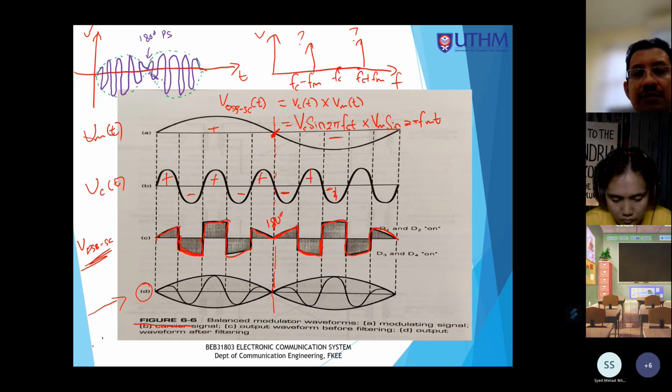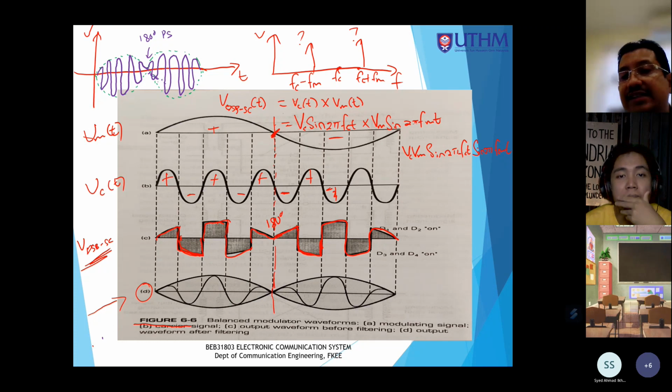Okay, so you akan dapat something seperti ini iaitu VcVm sin 2πfct sin 2πfmt. So ada dua sine and sine. Sine and sine akan menghasilkan cos minus cos according to trigonometry identity.